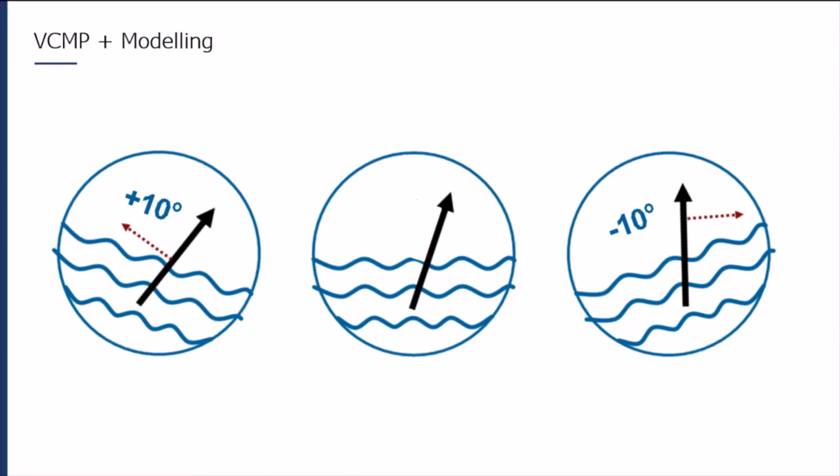Because I was interested in the wave rotation, I designed an experiment where I ran a series of simulations, one with normal conditions, and then some with plus or minus 10 degrees in the rotation of the wave climate. A positive rotation means the waves are coming from a more westerly direction, and a negative rotation meant that the waves were coming from a more southerly direction.